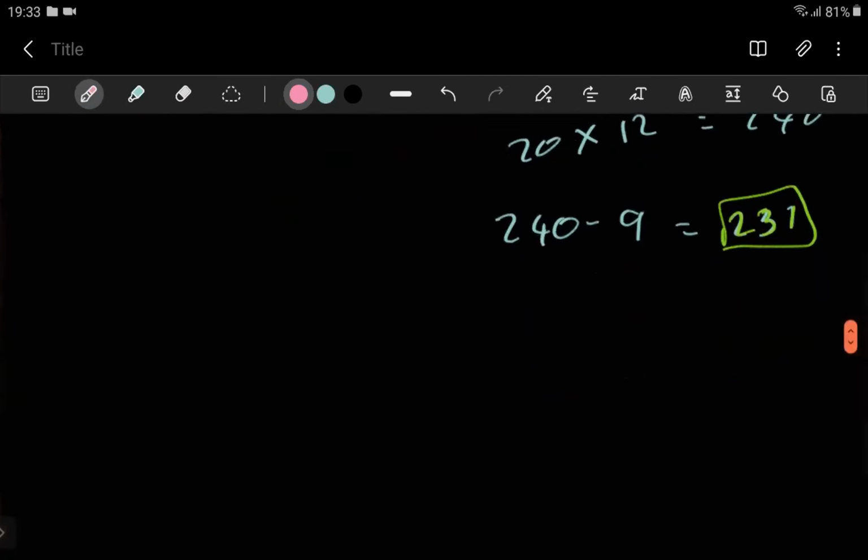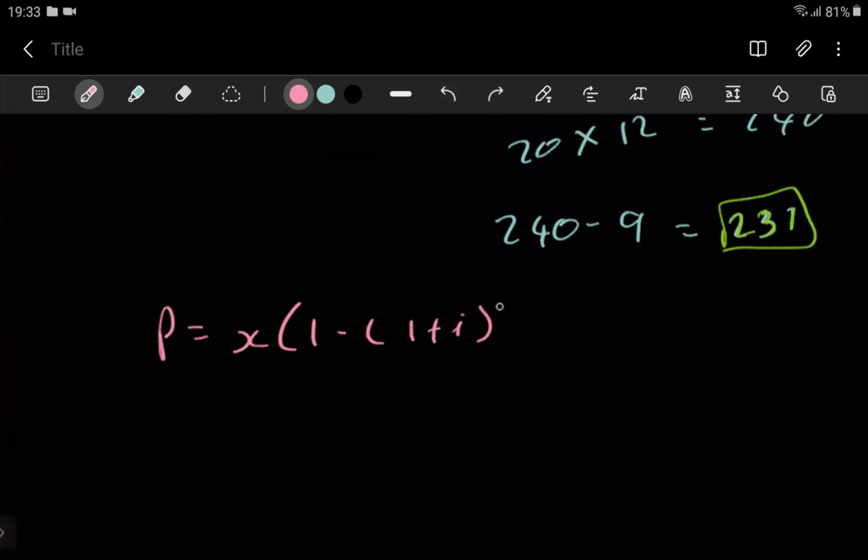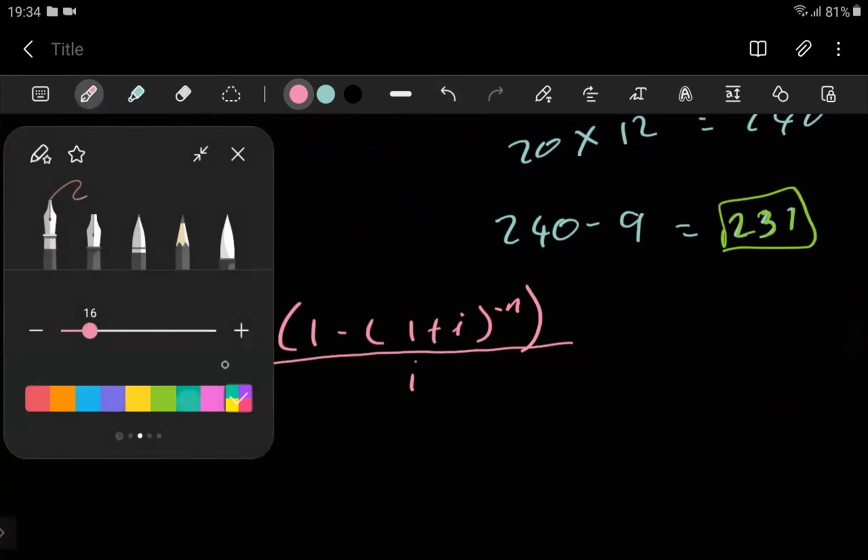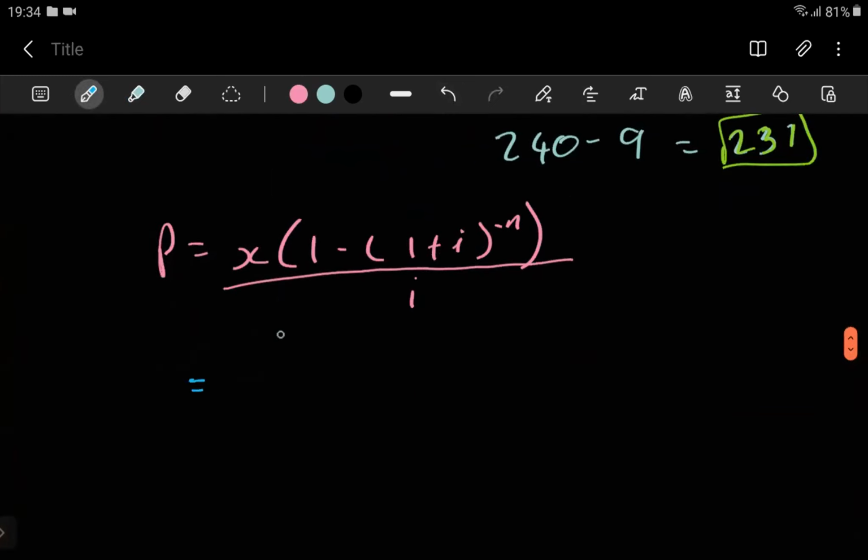So now you have to think, it's going to be a new P formula: P equals x times 1 minus (1 plus I) to the power of negative n, the whole thing over I. Then you have to solve for x. Let me show how we got that.